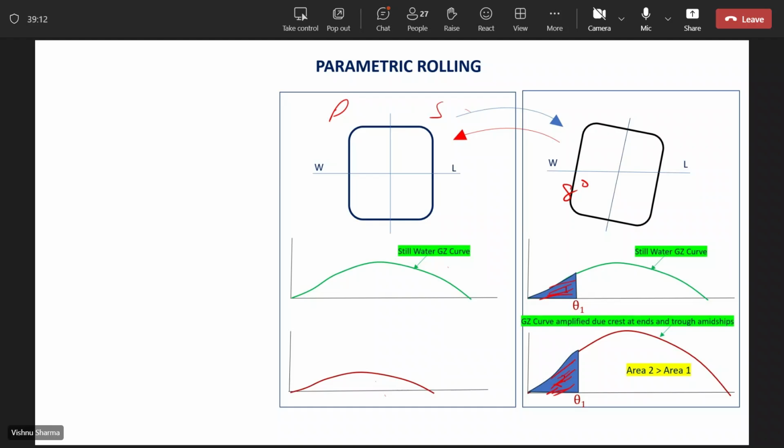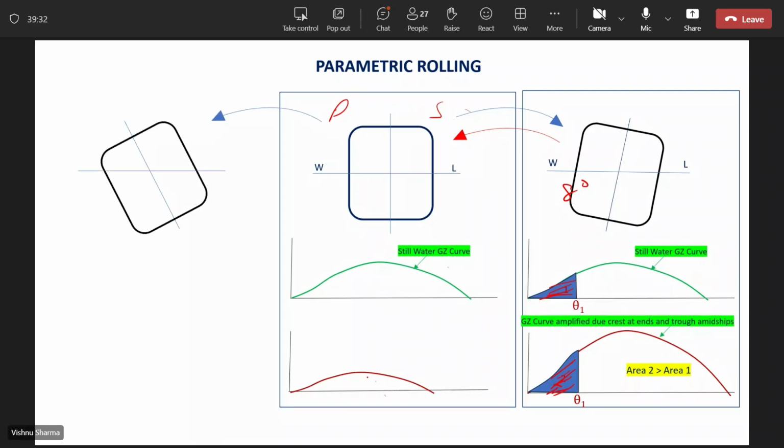So the vessel will now not stop at 8 degrees on port side. It will go well beyond 8 degrees, maybe 12 degrees, maybe 15 degrees, maybe 17 degrees. Why? Because of this diminished stability in the upright condition.